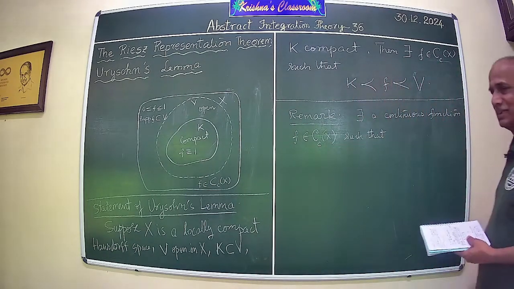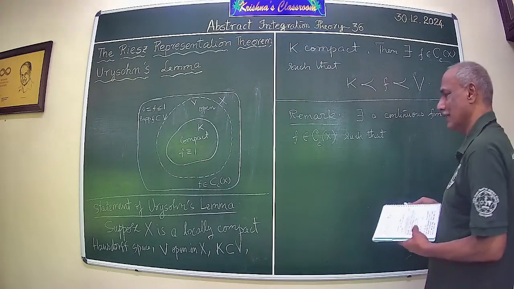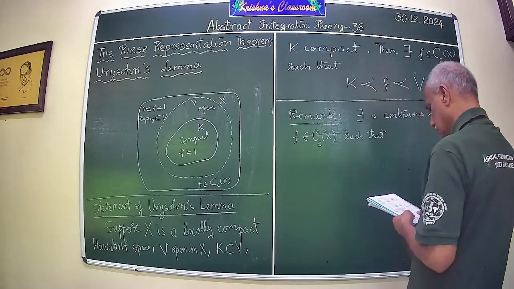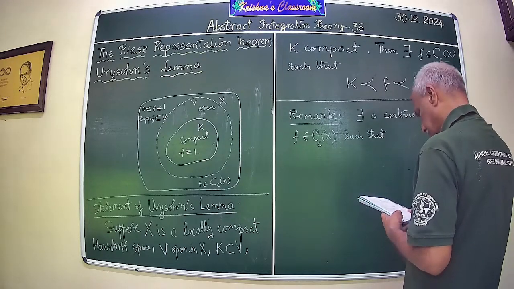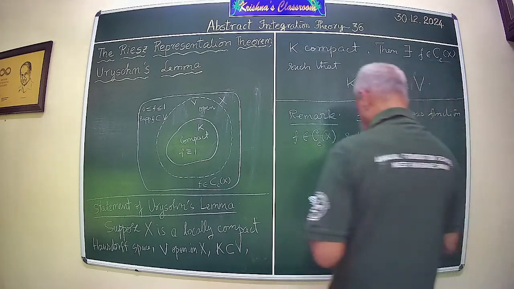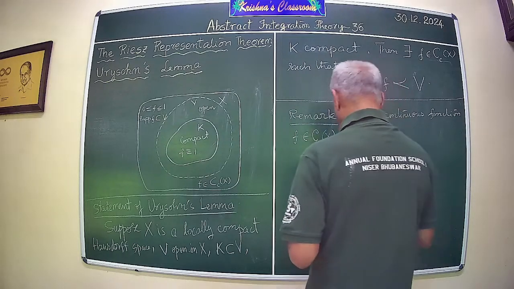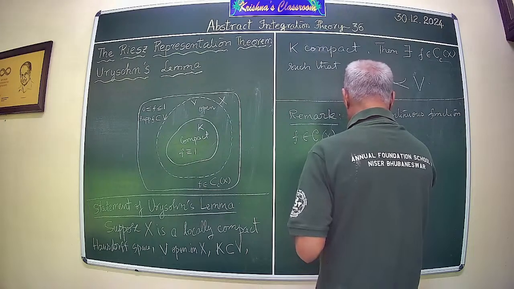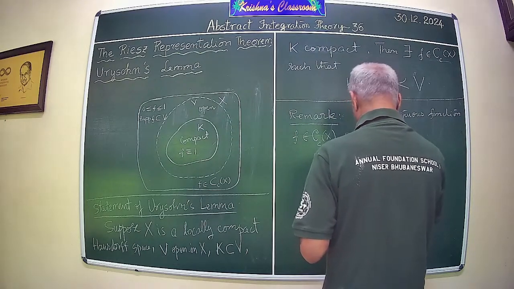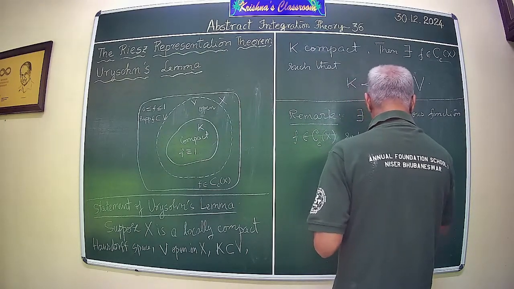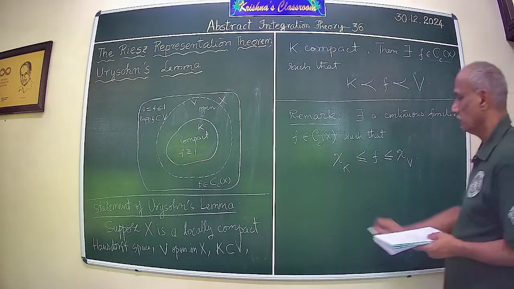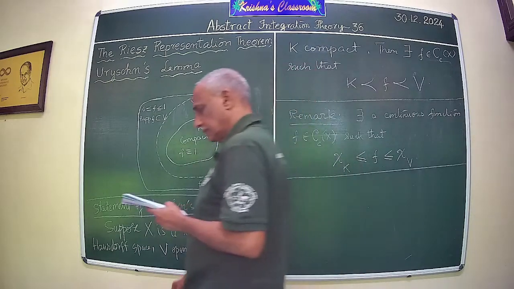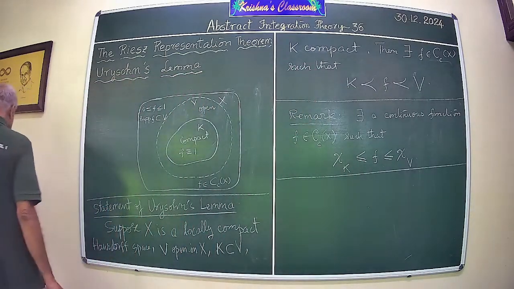I have deliberately written it to stress the point that it's a continuous function that you are talking about. The characteristic function of K is less than or equal to F, which is less than or equal to the characteristic function of V. So this is another way in which you can express this result.